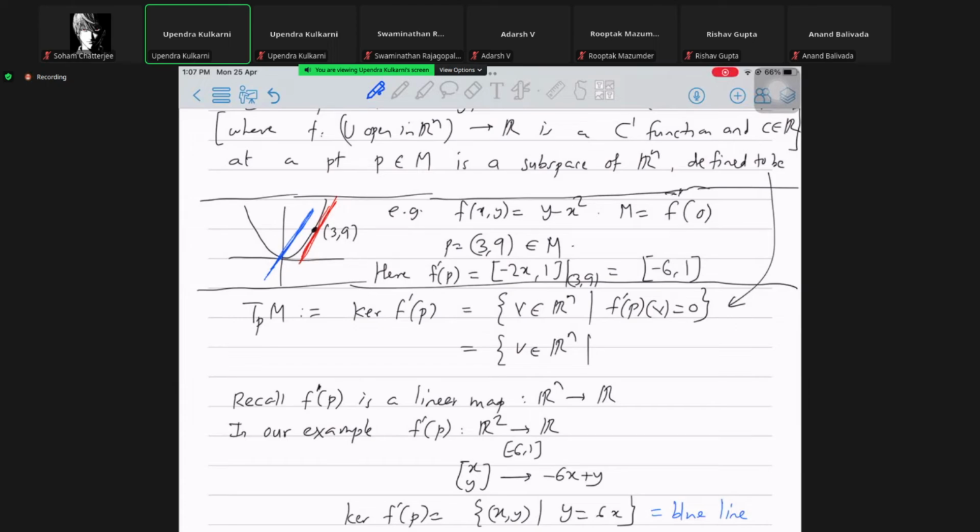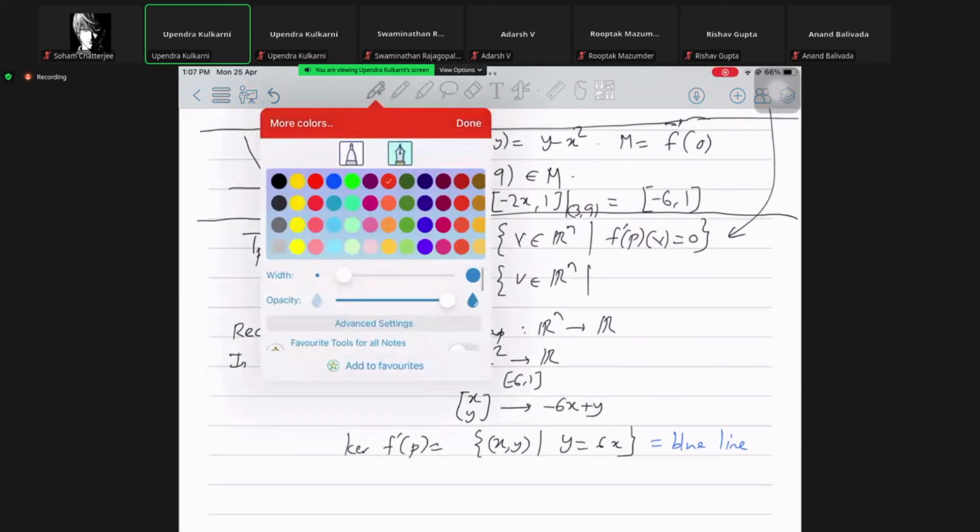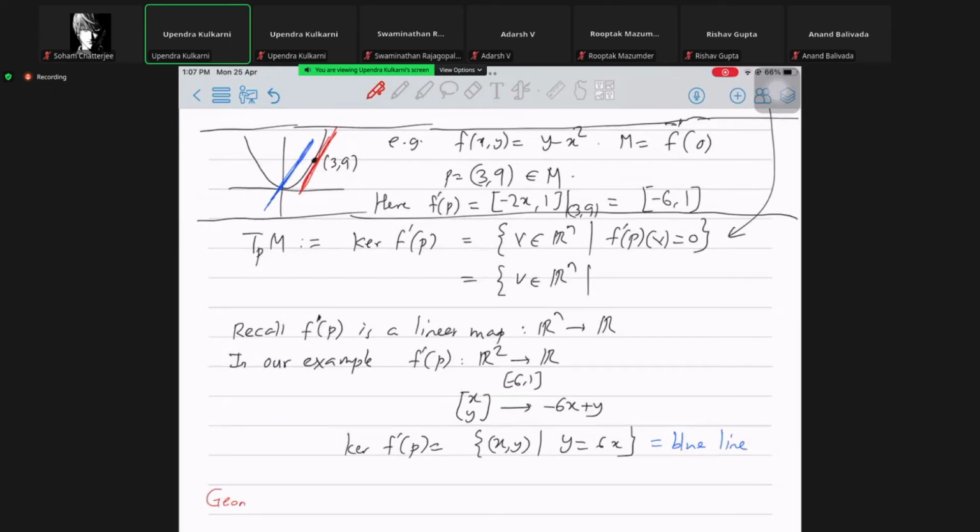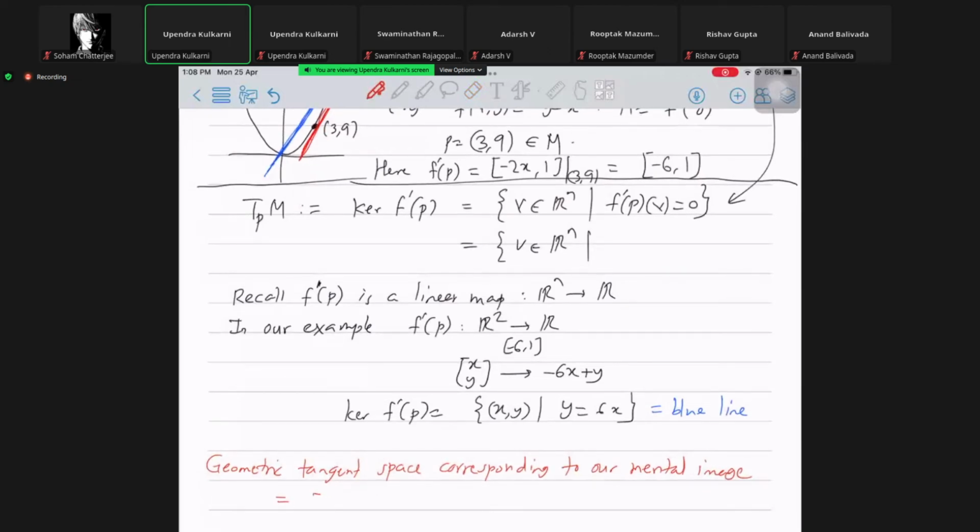So we can say that the geometric tangent space is equal to T_p of M plus P.